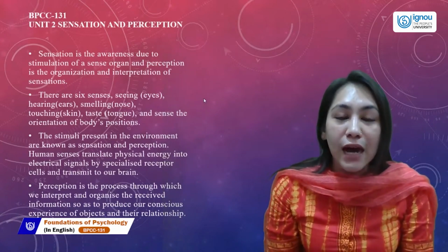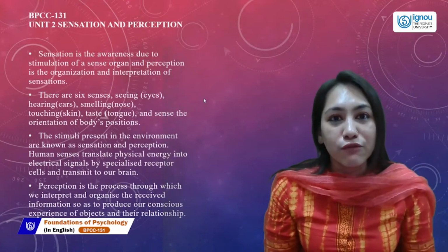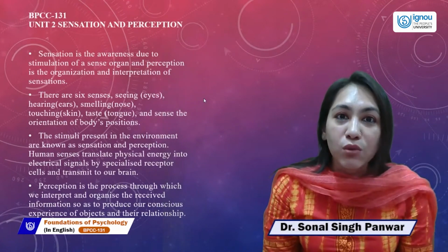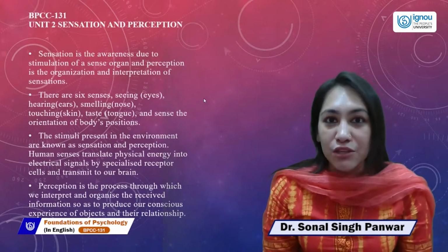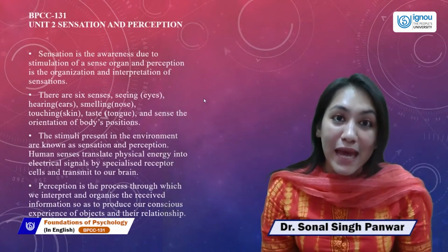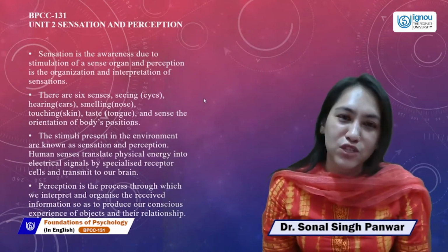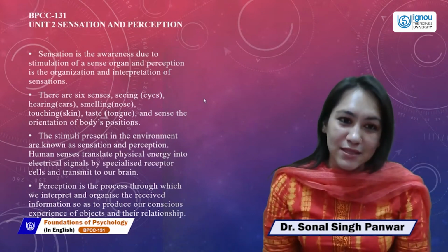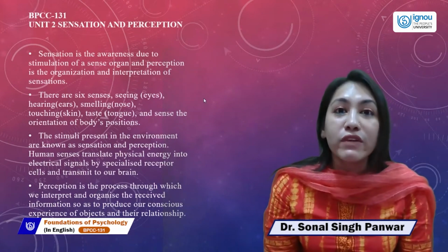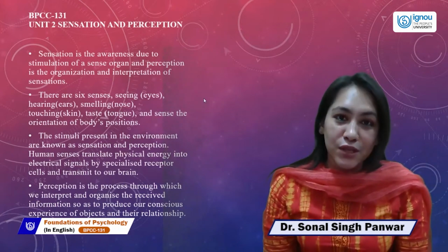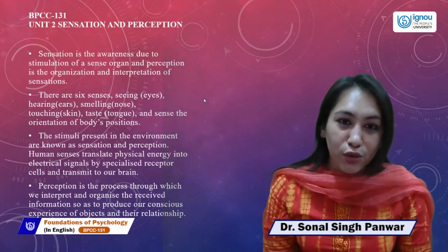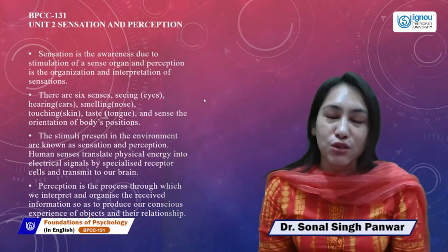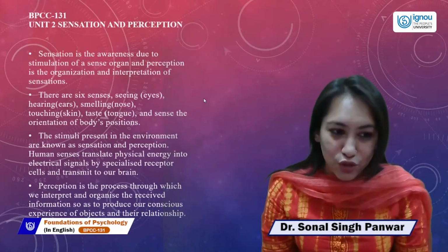Sensation is about getting all the sensory information on your sensory receptors. It is just about the eye, ear, touch, smell, and taste, and some other special receptors which impinge on your senses. So sensation will always be the first point where all the information falls on your sensory receptors and then makes meaning, which is called perception.